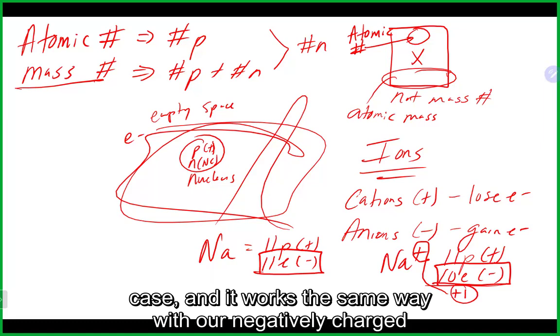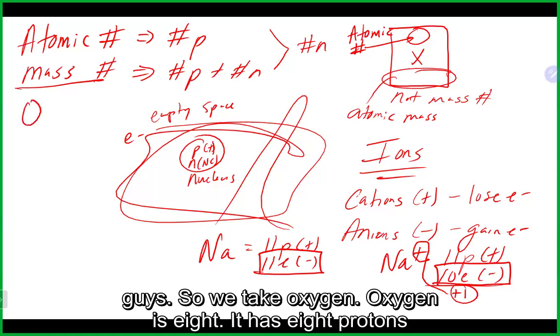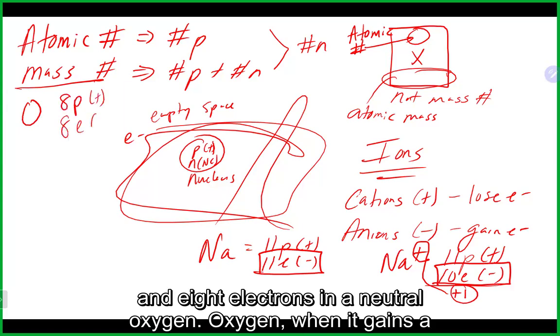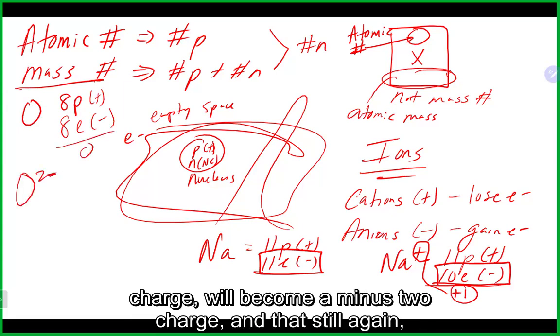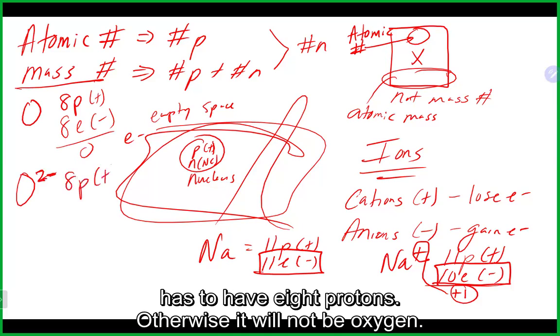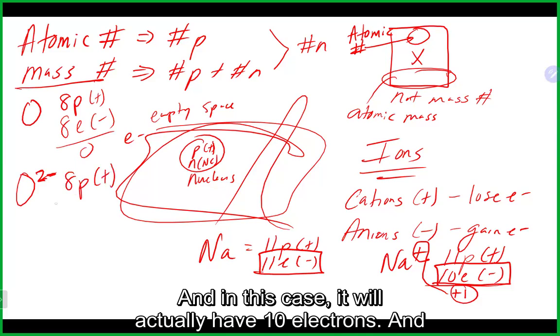And it works the same way with our negatively charged guys. So if we take oxygen, oxygen is 8. It has 8 protons and 8 electrons in a neutral oxygen. Oxygen, when it gains a charge, will become a -2 charge. And that still, again, has to have 8 protons. Otherwise, it will not be oxygen. And in this case, it will actually have 10 electrons.